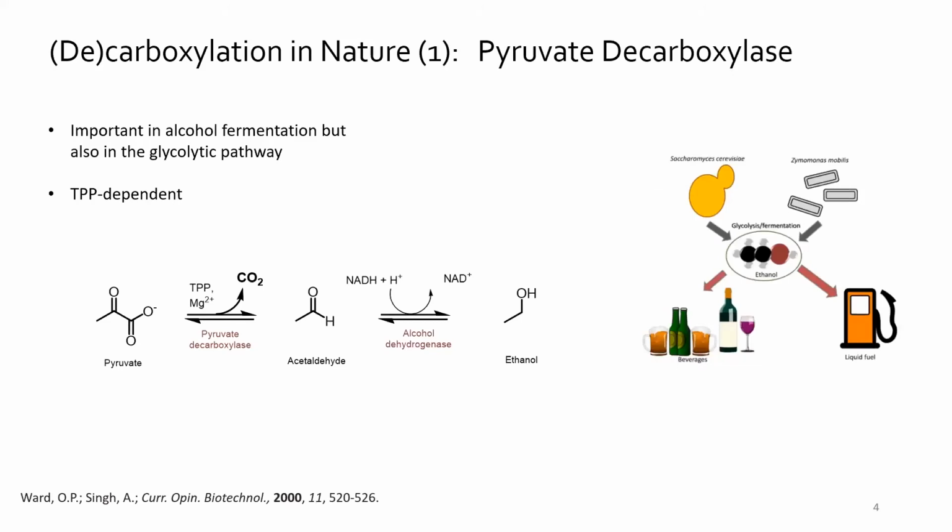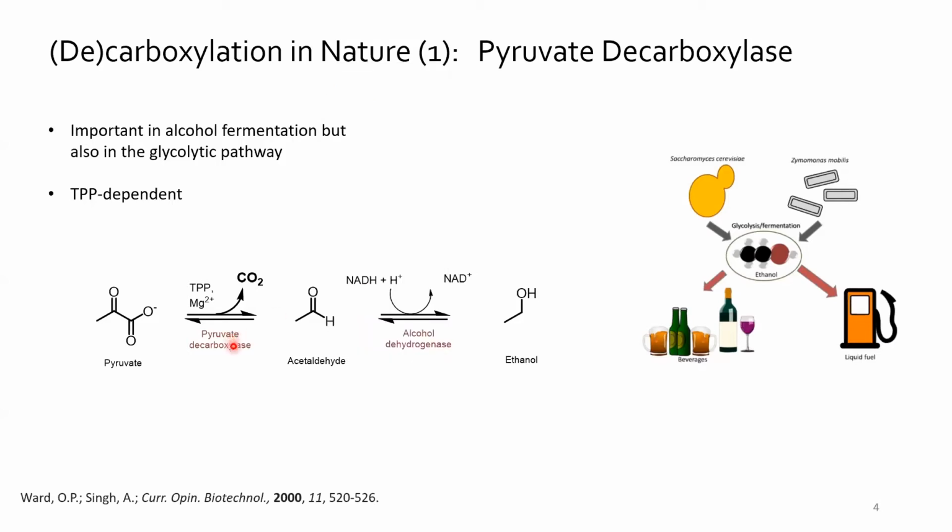So let's start with some examples from nature I would like to show you. First of all, pyruvate decarboxylase, which is probably the most prominent example because it's important in alcohol fermentation and also in the glycolytic pathway. As you can see, the reaction which is catalyzed is the decarboxylation from pyruvate to acetaldehyde.